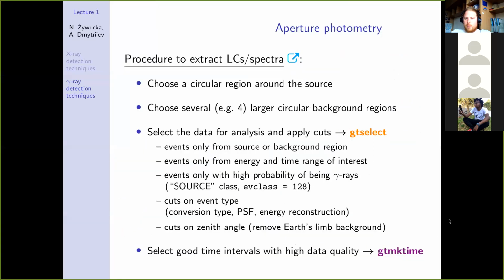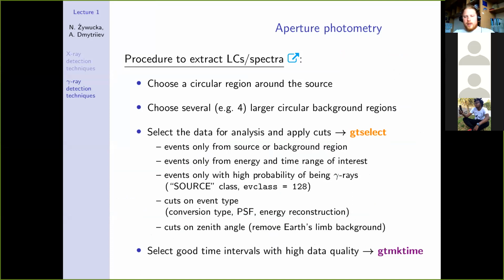You can apply different cuts, selecting on the basis of the information you want to get. In this case, you select events only from the source region. You specify the location, the center and the radius, and the same for the background region, so you select only from a circle.